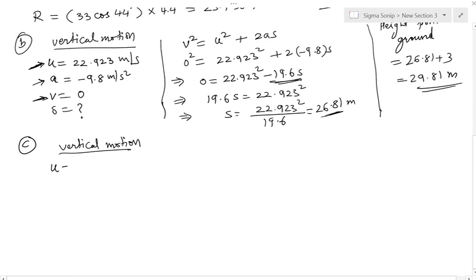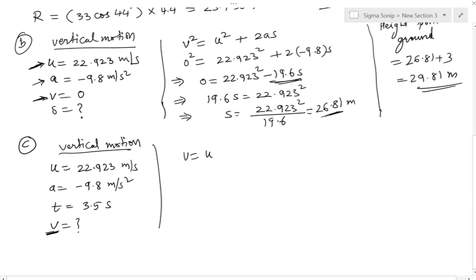So u is equal to the same that we already had earlier, which is 22.923 meters per second. a is equal to minus 9.8 meters per second squared, and t is equal to 3.5 seconds. And v we need to find. This is the v after t equals 3.5.